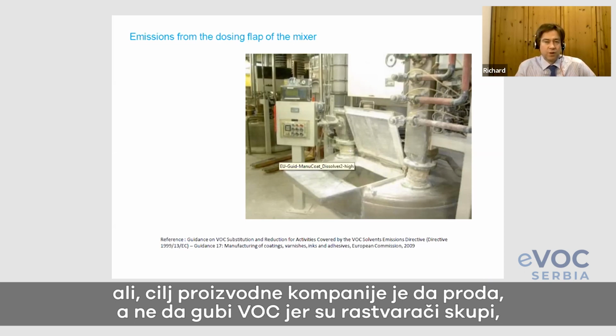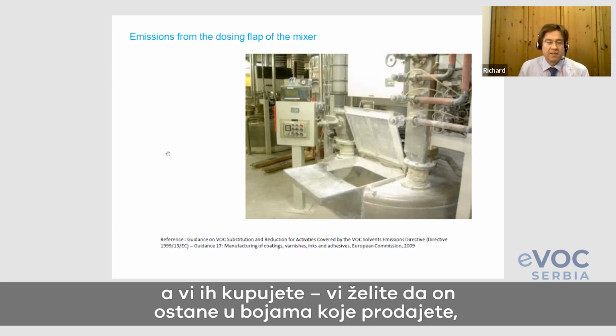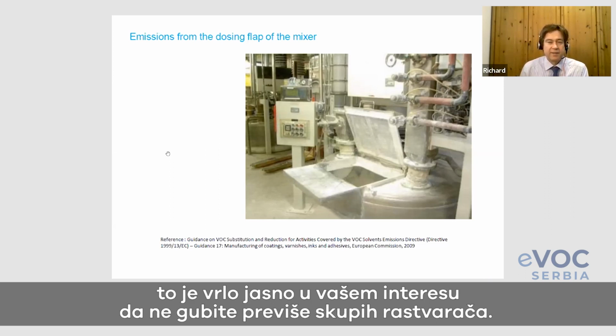However, the goal of a manufacturing company is always to sell, not to lose the VOC, the solvent, because the solvent is very expensive. You're buying the solvent, and normally you want the solvent to be kept in your paint that you want to sell. So that's the idea. It's in your own high interest not to lose too much of the expensive solvents.